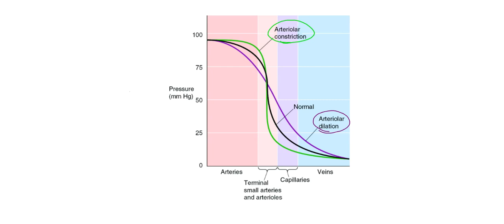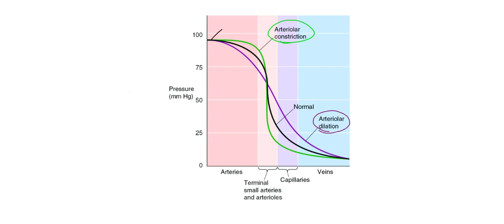If you constrict the arterioles, constriction means what for radius? Smaller. Smaller radius means what for resistance? Higher. Higher resistance means what for pressure drop? Bigger, right? You're passing it through, starting at the same point at the top.